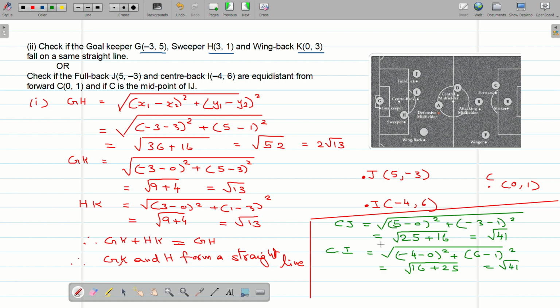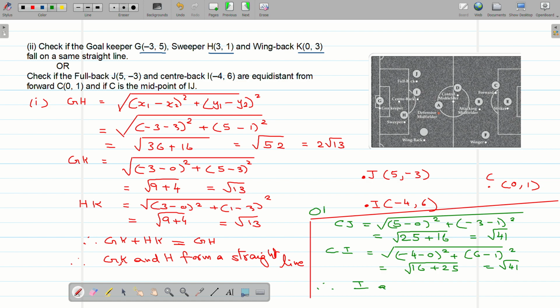Therefore, I and J are equidistant from C.